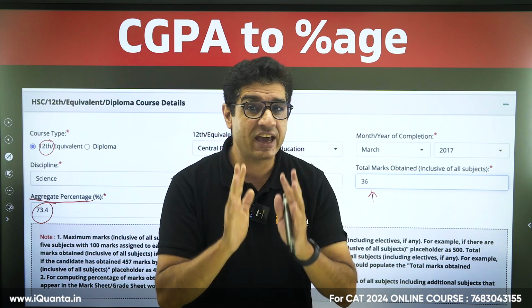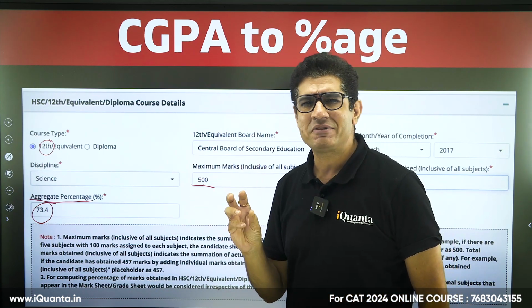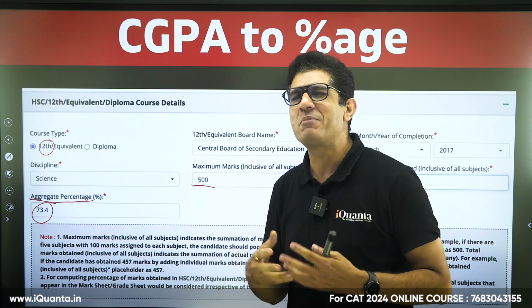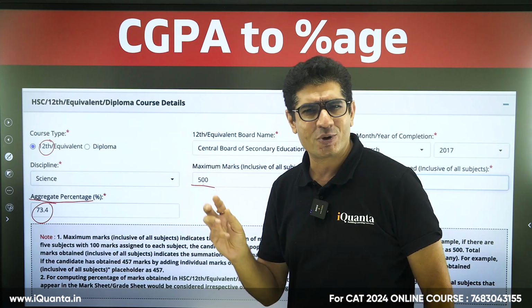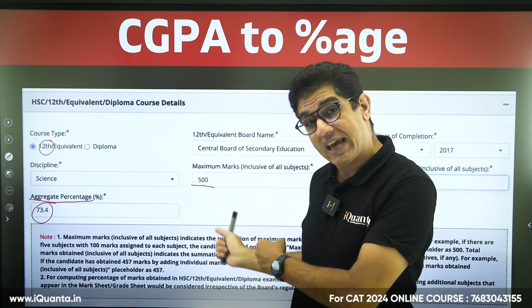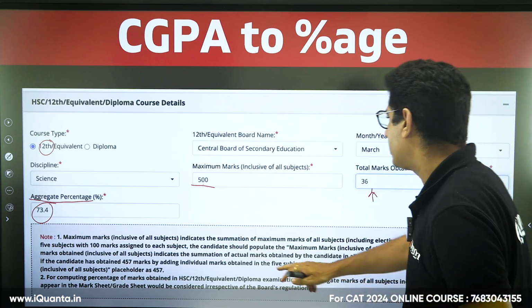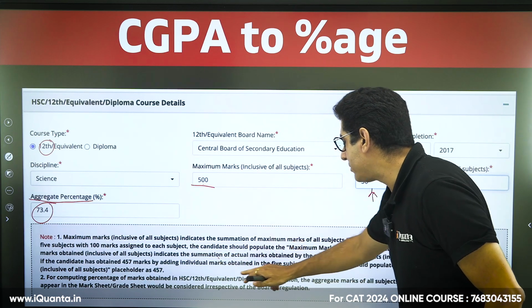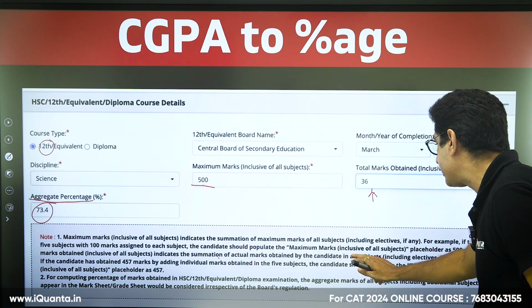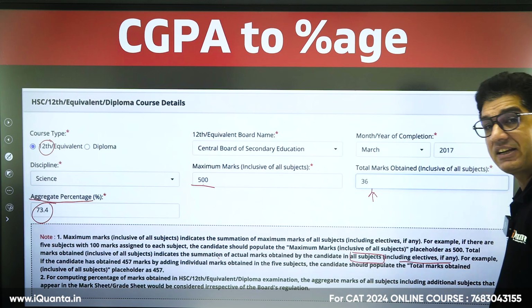And a very important point, there are universities where when we apply, we can take this liberty of putting the best of 4, the best of 5, etc. But in the IIM notification and the form here, it is very clear that it should be the summation of actual marks obtained by the candidate in all subjects, including electives.